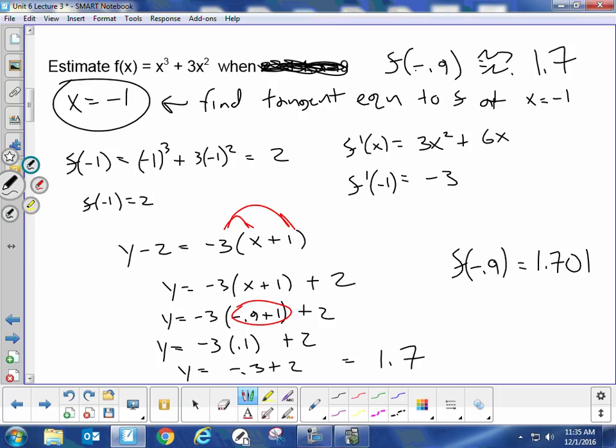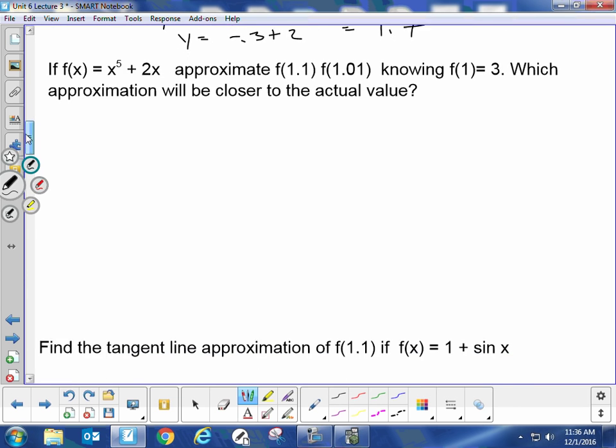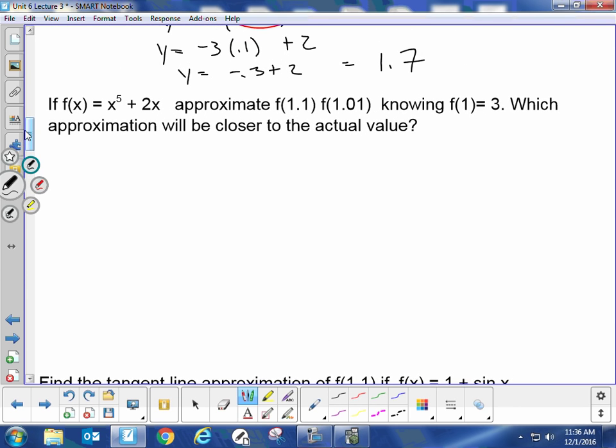Okay? Now, we can't really know how accurate we're going to be. We can kind of look at the slopes and where we are on the slopes, and really if we are increasing and we're not curved much, then a tangent line is going to be super accurate, really, really close. So we can't really compare the accuracy of this one to the previous one, but we could compare the accuracy between two ones that are kind of close to each other.